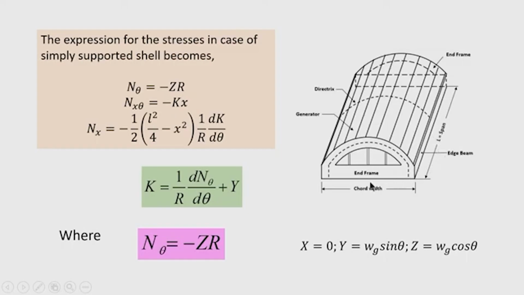Component of the load along three principal directions are given as: capital X, the component of load, is equal to 0. Capital Y is the component of the load along the tangential direction to the directrix, that is W g sin theta, and capital Z is the component of the self weight, that is W g cos theta, if W g is the self weight acting on the shell.